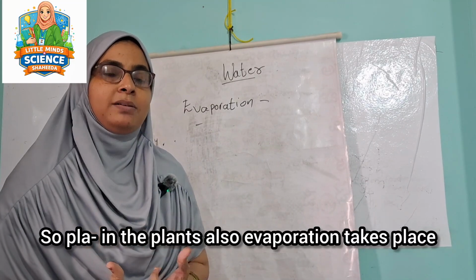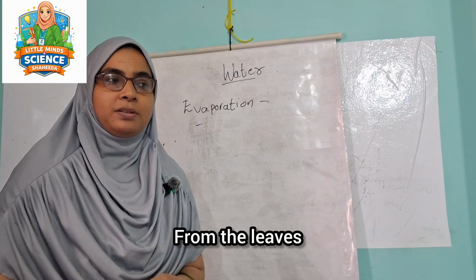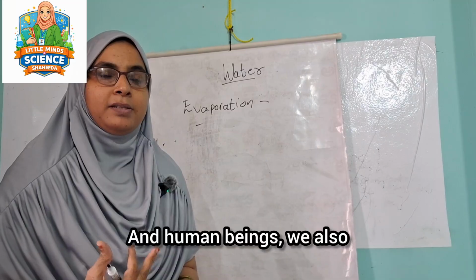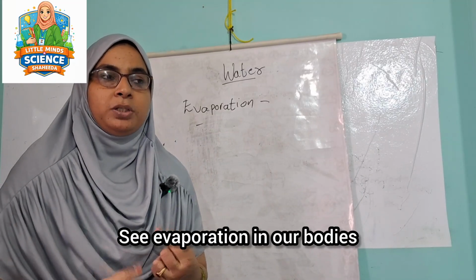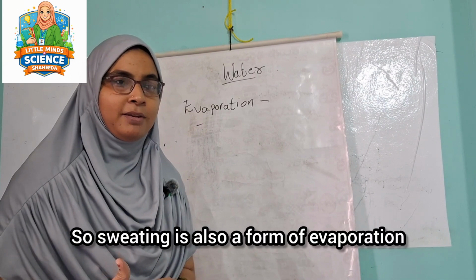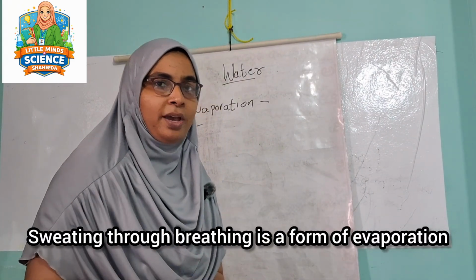In plants also evaporation takes place. Water evaporates from the leaves. It is called transpiration. In human beings, we also see evaporation in our bodies, like when we sweat. Sweating and breathing are forms of evaporation.